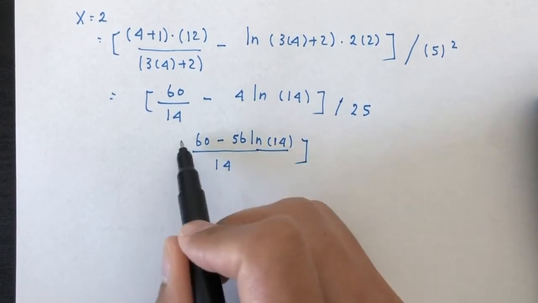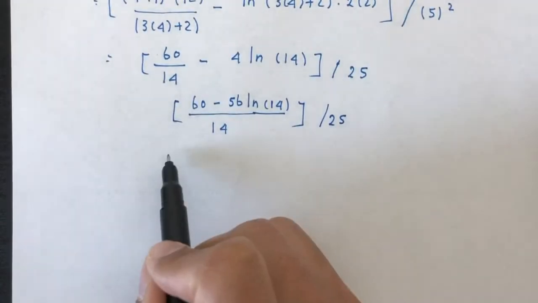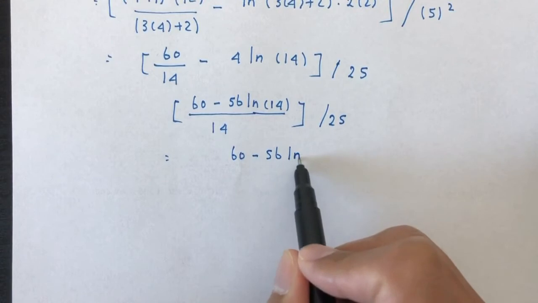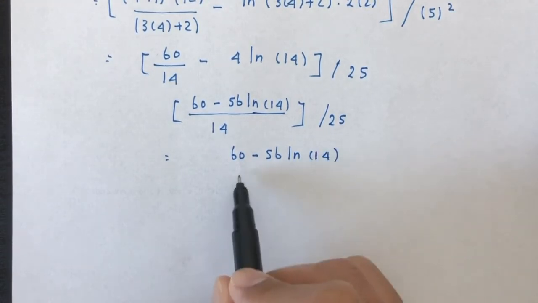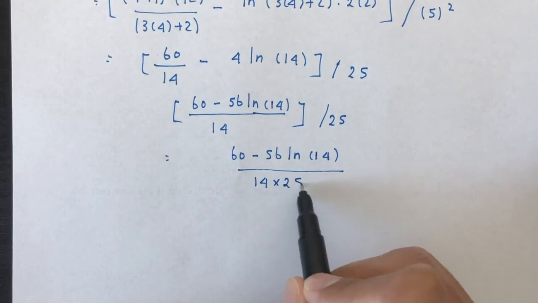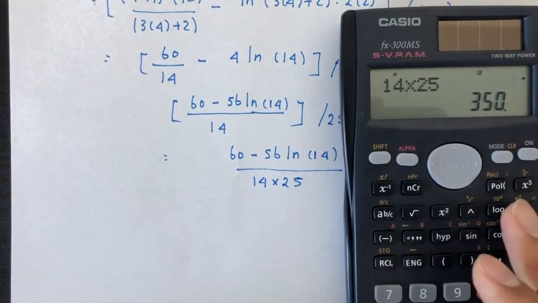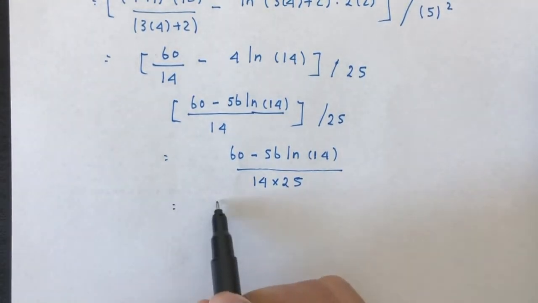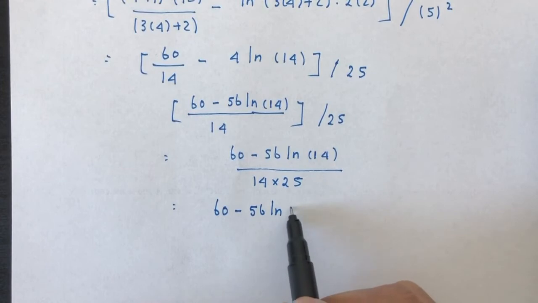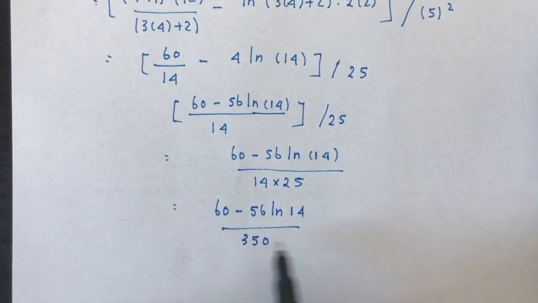So everything divided by 25. So it will be 60 minus 56 ln 14, divided by 14 times 25. 14 times 25 will be 350. So we simplify: 60 minus 56 ln of 14 over 350.